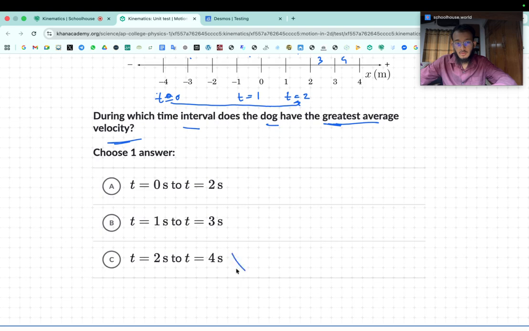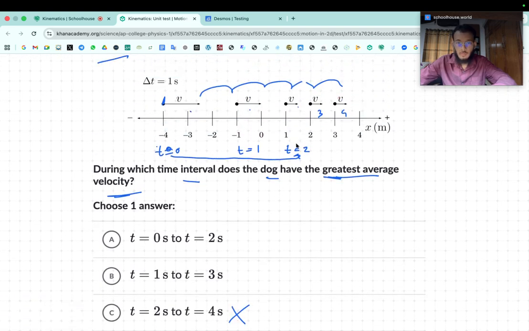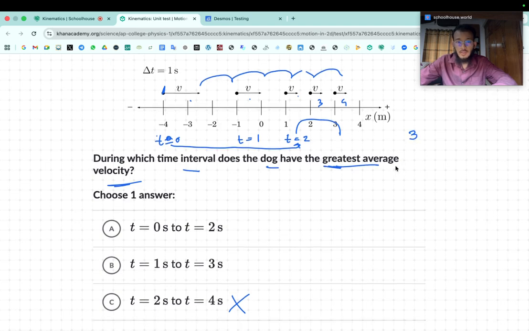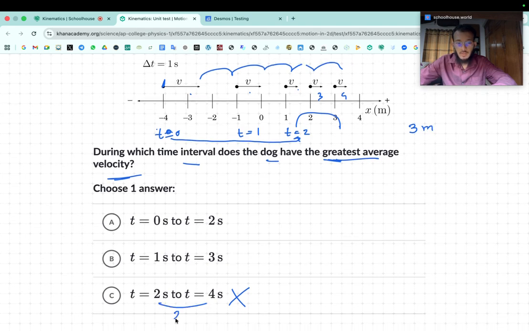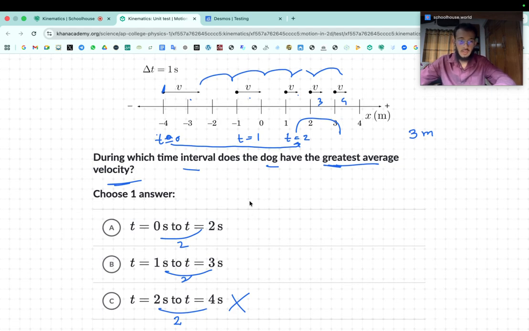Definitely not 2 to 4, because 2 to 4 only has 2 meters. The time interval is the same. It's 2, it's 2, it's 2. So the largest distance that we cover is the one that gives us the greatest average velocity.